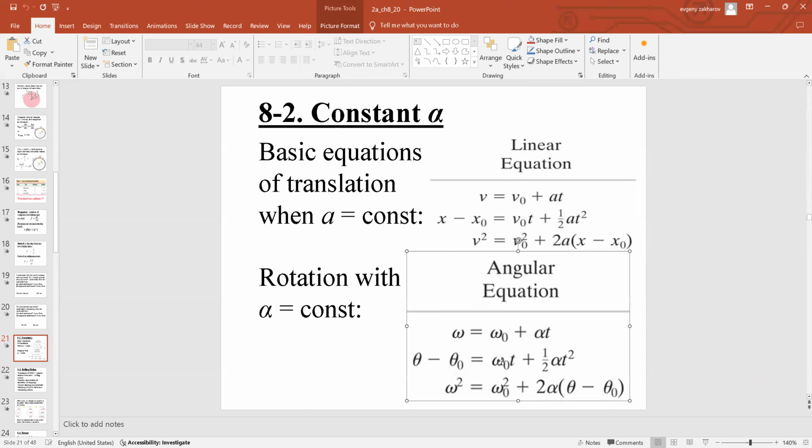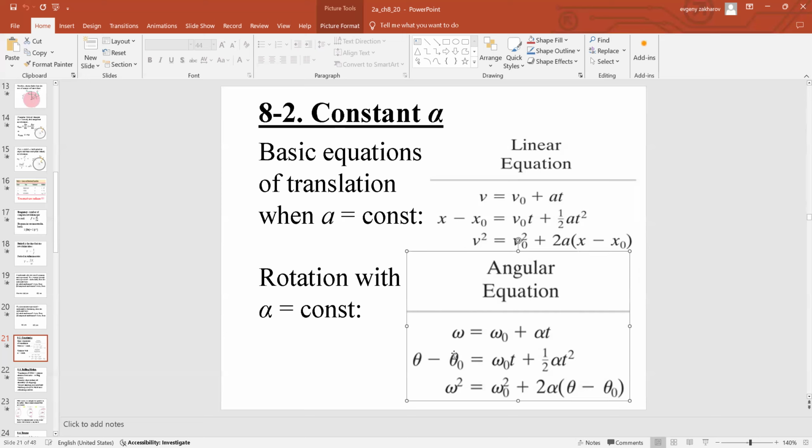Time goes the same way for both x and y axis, for the same kind of motion. It's the same moment of time, which is very convenient. For the change in position, it's the initial velocity times time plus at squared over 2.